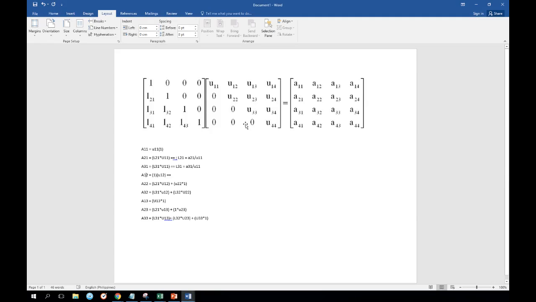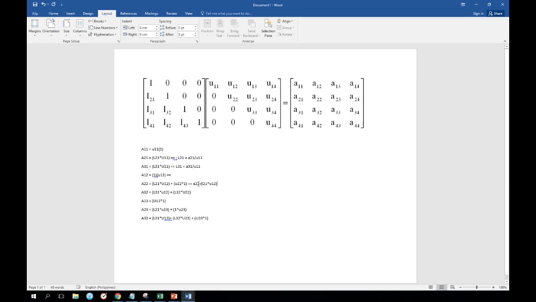Now let's move to U22, which is this. To find the value of U22, we can create the formula here. You would see that transposing this term to the other side, U22 is equal to A22 minus the product of L21 multiplied by U12.